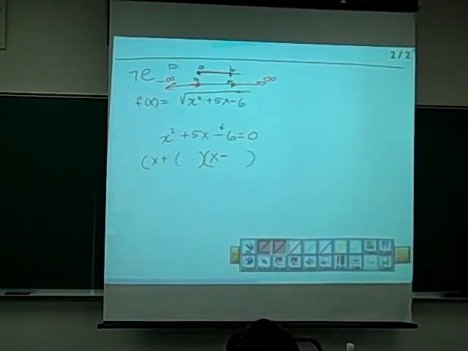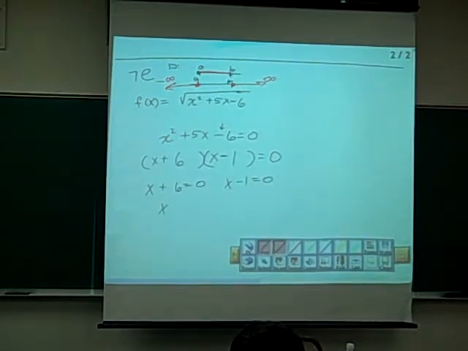So it has to be plus 6 and a minus 1. That's why I always say to put the signs in first, because it's really easy with one like this to mess it up. It looks like we get 5, but you're subtracting, you're not adding. So we have x plus 6 equals 0, and x minus 1 equals 0.